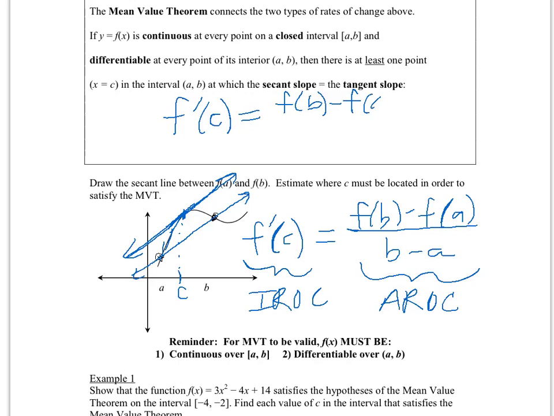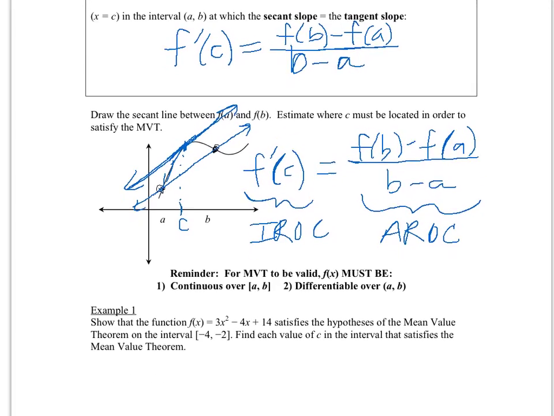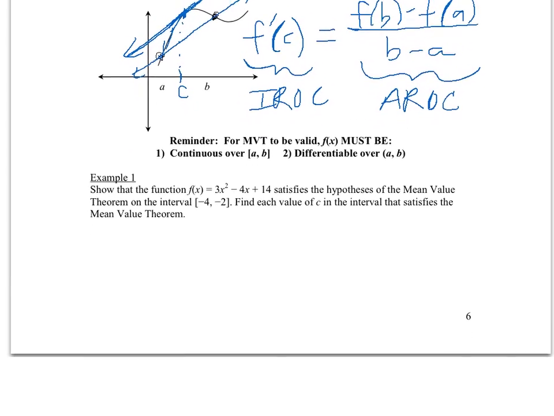And that secant line is the line that connects the two endpoints of the interval. It's supposed to be f of b minus f of a over b minus a. Okay, so that's essentially it. Now you've already seen this if you remember Rolle's theorem. Rolle's theorem was a specific portion of the mean value theorem.